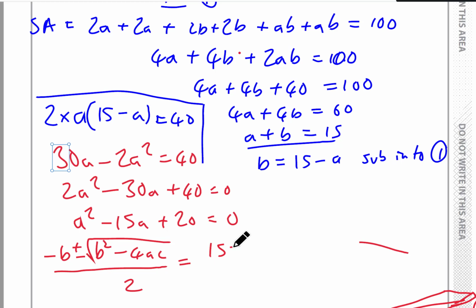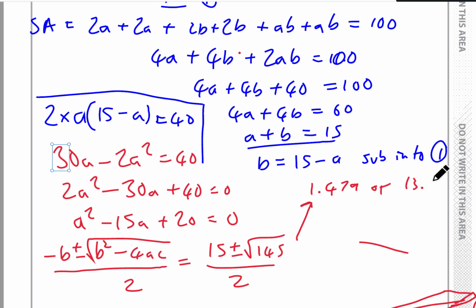So when you substitute the numbers into the quadratic formula, you'll get two answers of 1.479 or 13.52.